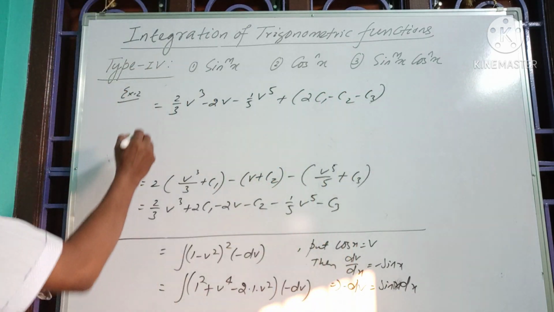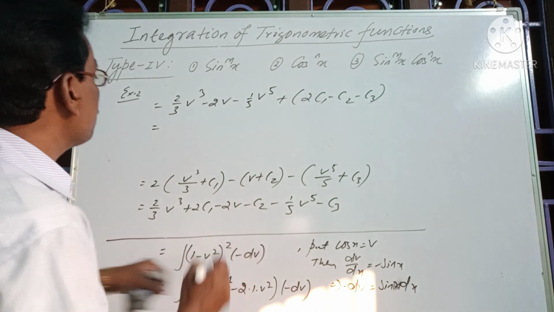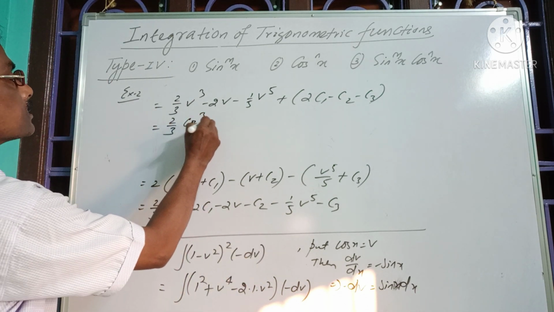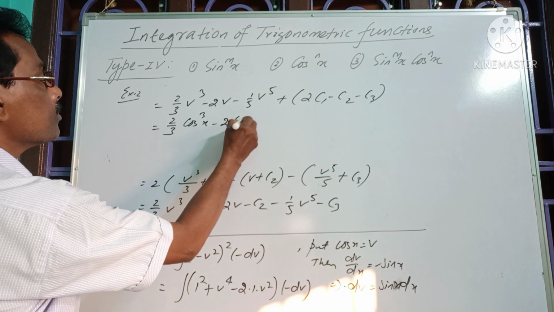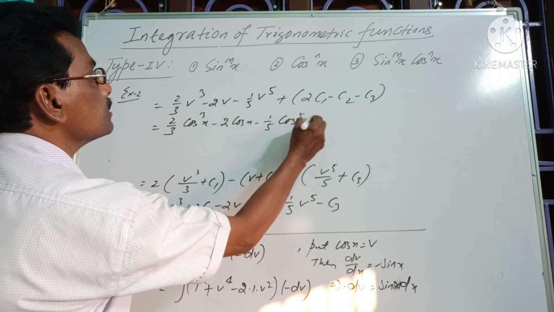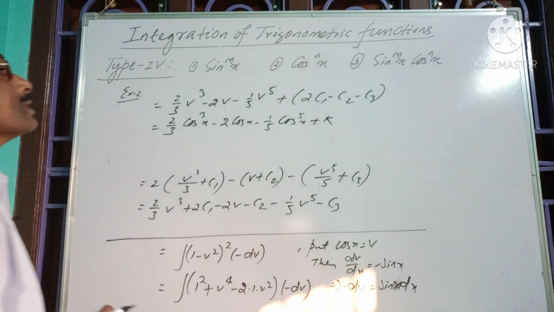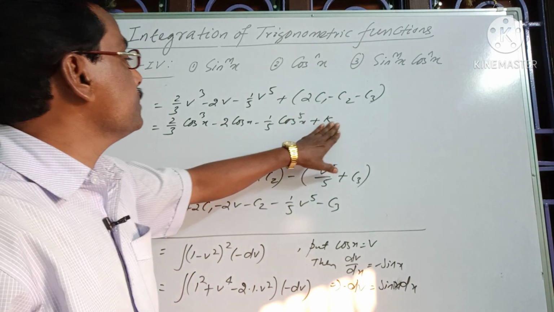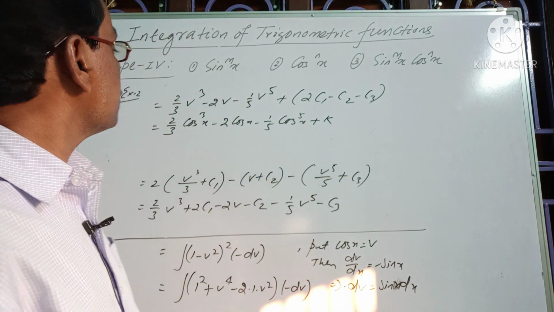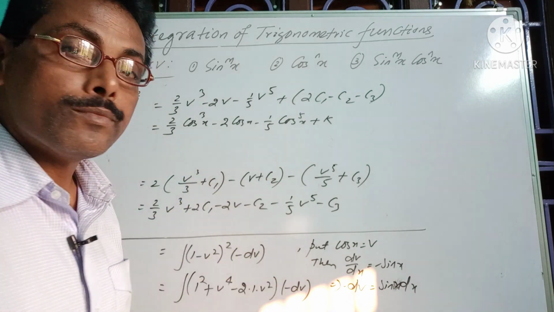So now replacing v as cos x, we have 2 by 3 into cos cube x minus 2 into cos x minus 1 by 5 into cos to the power 5x plus k in place of 2c1 minus c2 minus c3, where k is the constant of integration. So in this process we have completed the integration, so the integration is over now.